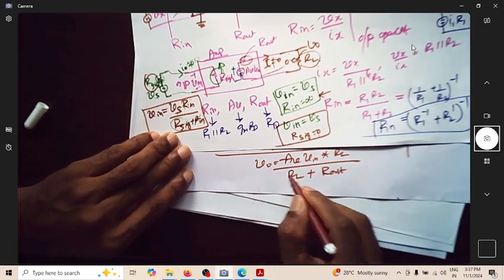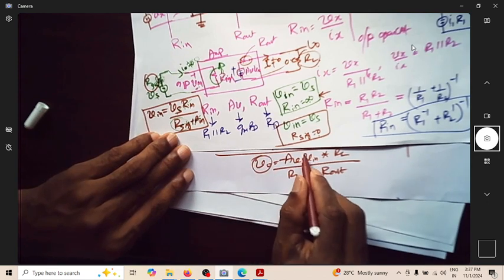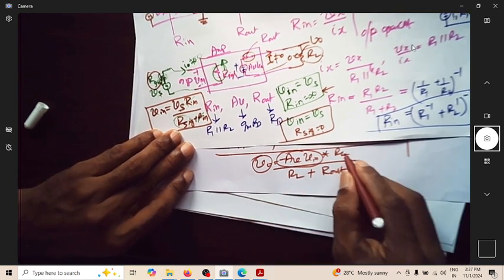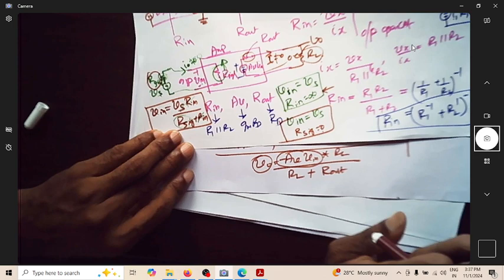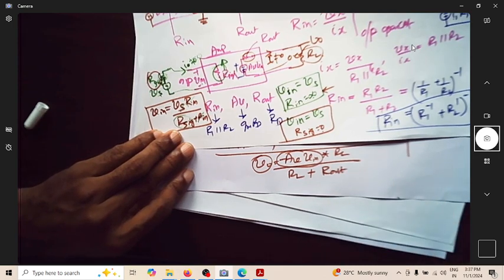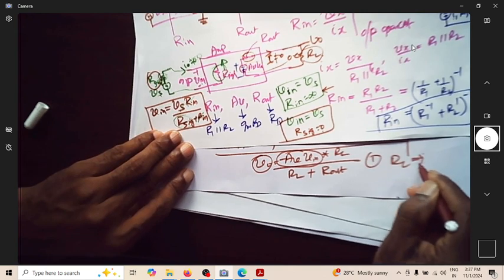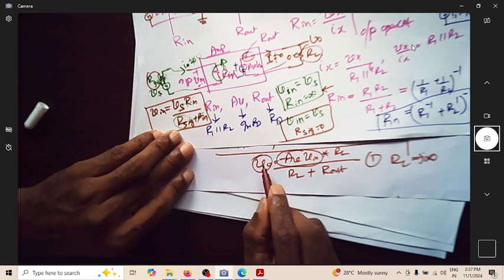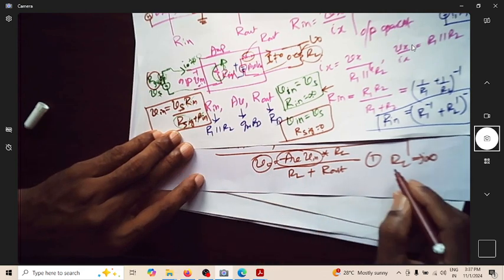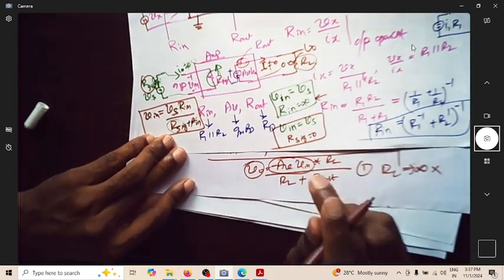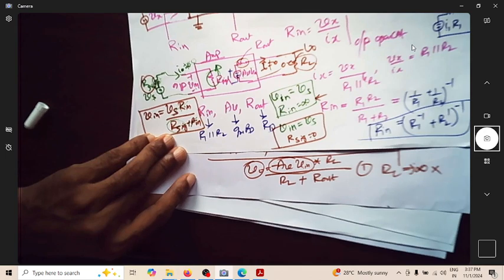So when does V naught equal AV times V in? That is possible if RL is infinity, which is ruled out, because you cannot have infinite load resistance, since you are supposed to draw some current.